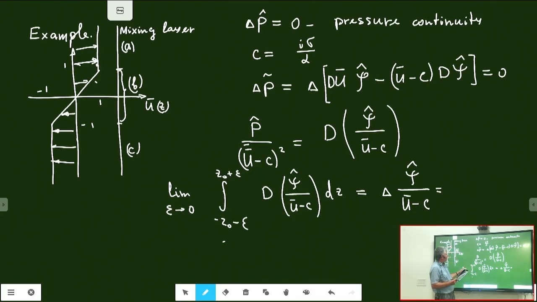What I'm doing here is integrating the right-hand side of this equation. If I integrate the right-hand side, then the derivative will go, but I will have to evaluate this combination at z0 plus epsilon and z0 minus epsilon, and find the difference between the two. That's what this delta is.